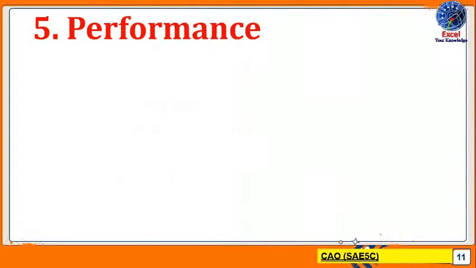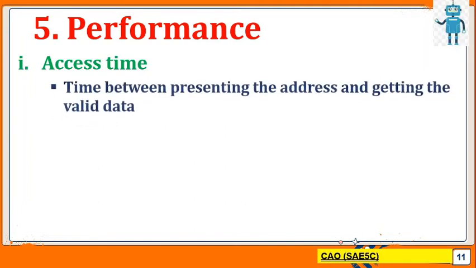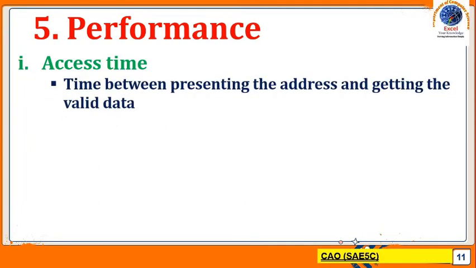The next key characteristic is the performance of the system. Performance depends upon the access time, the time between presenting the address and getting valid data. That is, using the address bus to designate the data and the data bus to fetch the data. The time in between is called the access time.